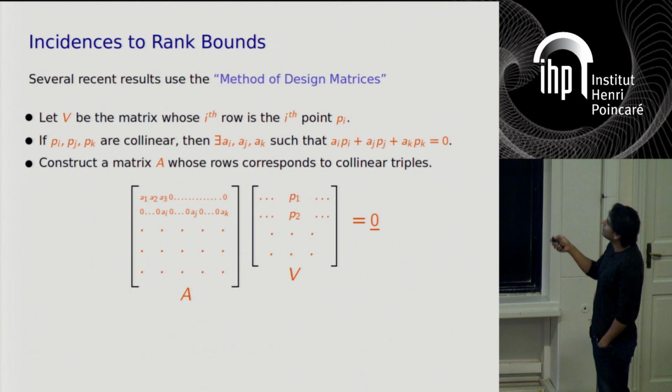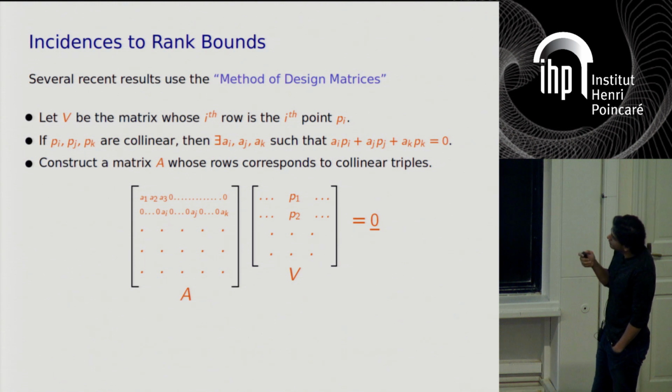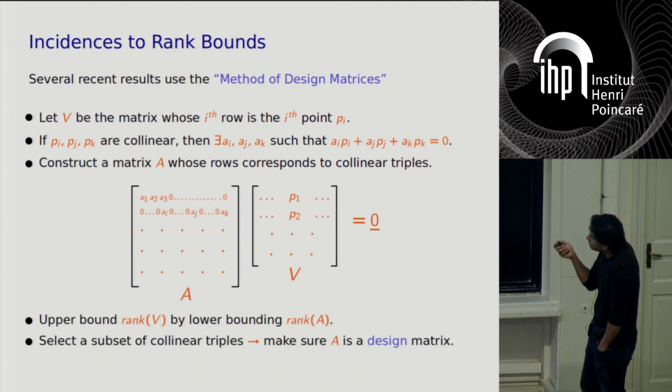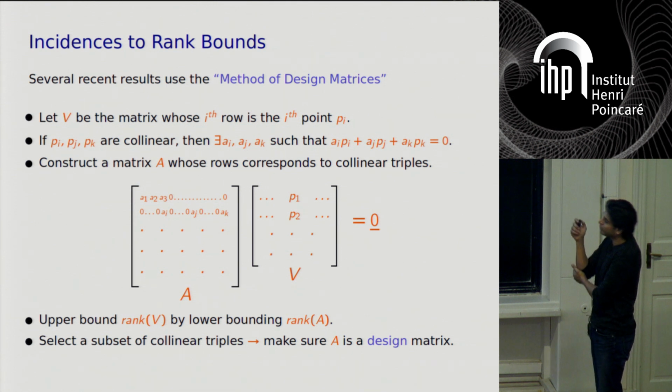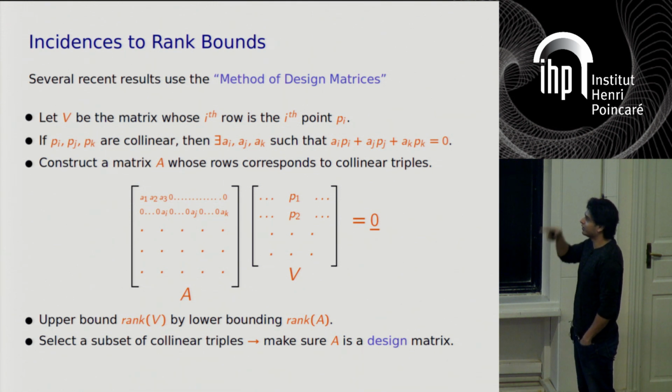So I have my matrix of points, and then I take collinear triples, and for most collinear triples, I'll add these coefficients and get this new matrix A. Like I said, I want an upper bound on the rank of V, and what I'm going to do is lower bound the rank of A.